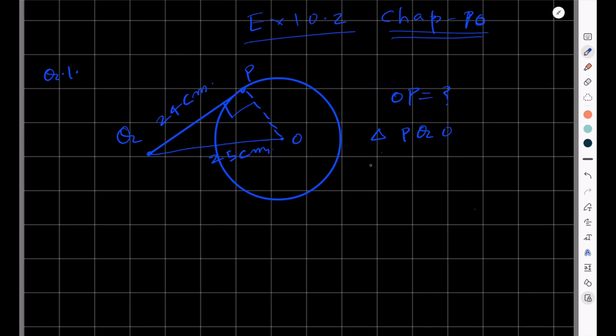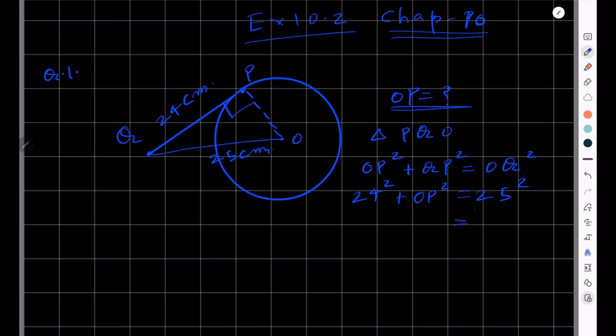OP square plus QP square will be equal to OQ square, because OQ is the hypotenuse. OQ is 25, QP is 24, which is given, and OP we don't know. This is what we need to find out.